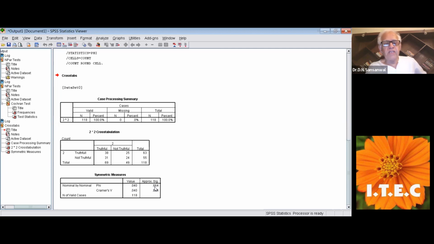So that means this phi value is not significant. And you can see the Cramer's V value is also the same.